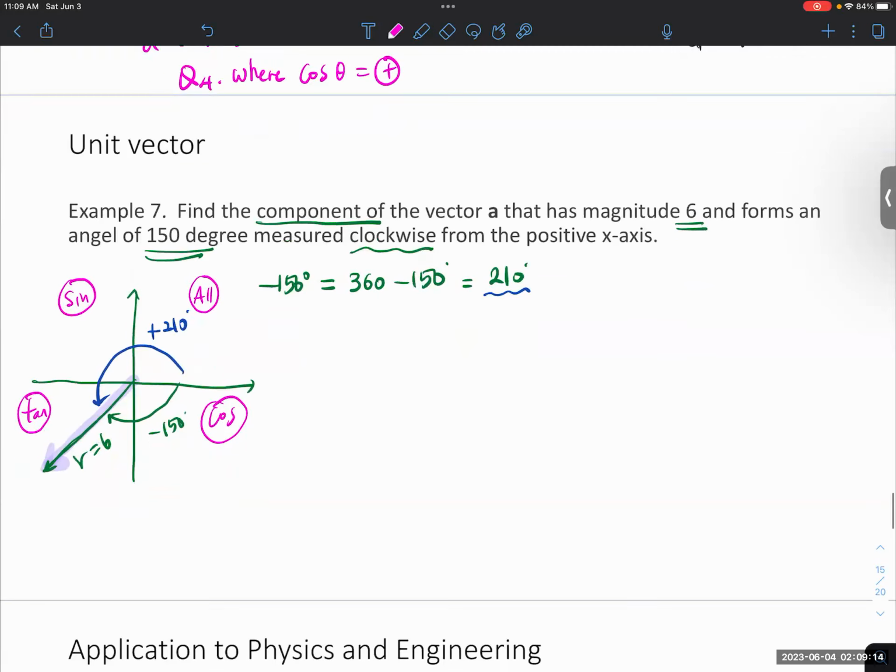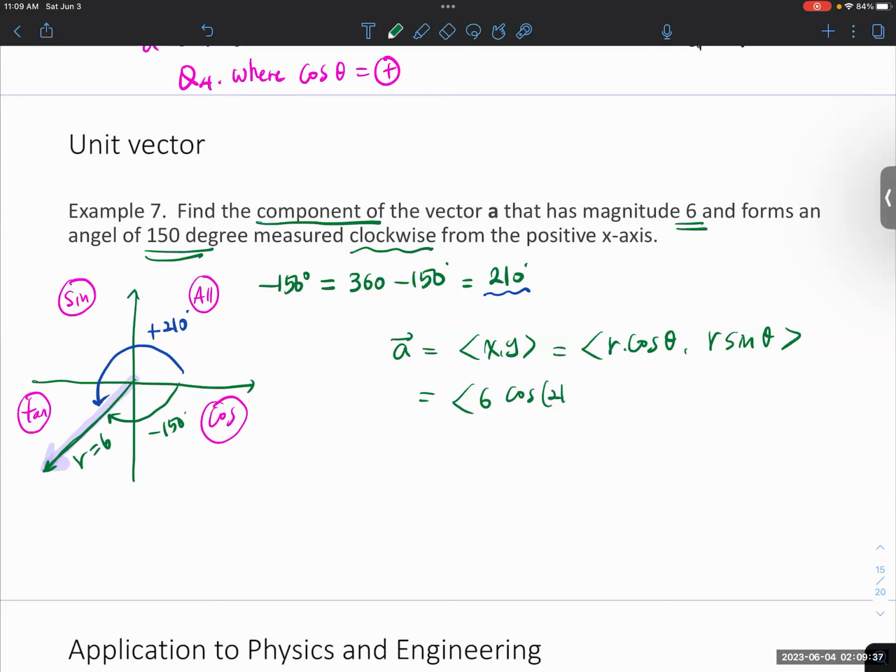All right, let's find vector A in terms of the component form. We are going to convert it to r times cosine theta, r times sine theta. So r is a given 6. And I want to use a positive angle instead of negative.